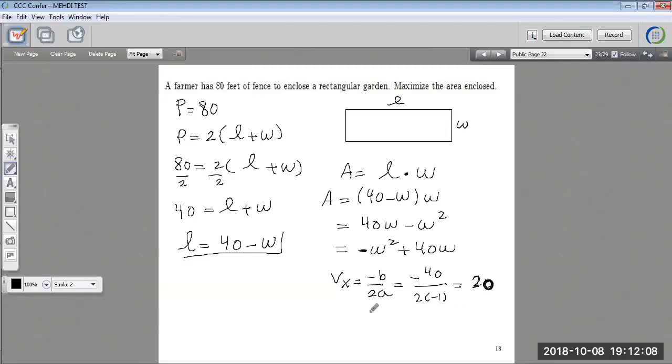So in this case, W would be equal to 20. The length would be 40 minus 20, which is also equal to 20. So the area would be maximized when the length and width are equal to 20. 20 times 20 is equal to 400. This is area, so the unit would be square feet. So the maximum area enclosed would be 400 square feet.